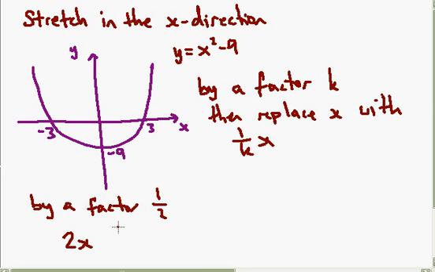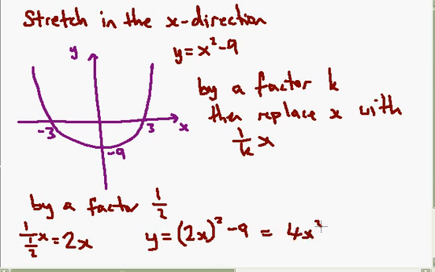So think of it as 1 over a half; 1 over a half x is equal to 2x. So I've got y is equal to 2x all squared. Be very careful of that. Take away 9, which is equal to 4x squared take away 9.